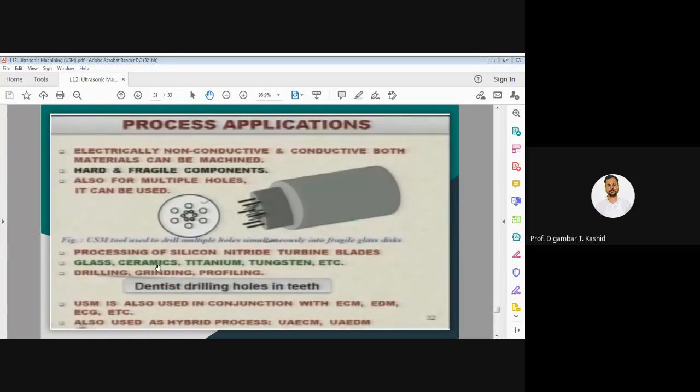Ultrasonic machining is also used in conjunction with electrochemical machining, that is a hybrid process, along with electric discharge machining or electrochemical grinding. Okay, so these are the applications.